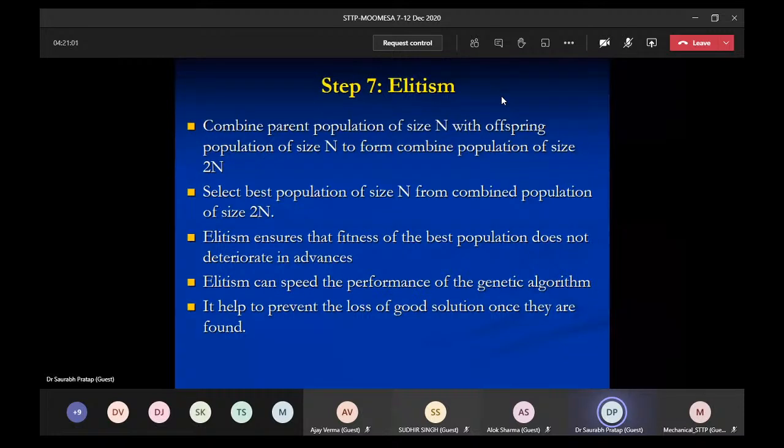Elitism ensures that the fitness of the best population doesn't deteriorate in advance. It helps to prevent the loss of good solutions, because in elitism we identify the worst solutions, and after that we have to remove that set of worst solutions.